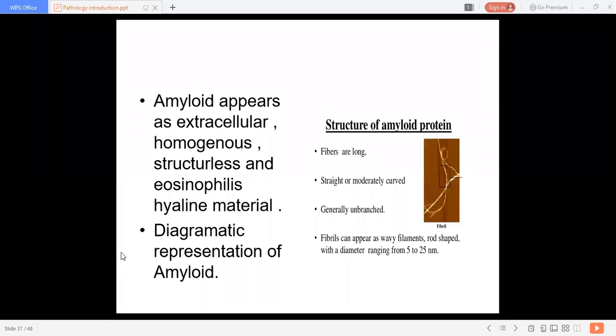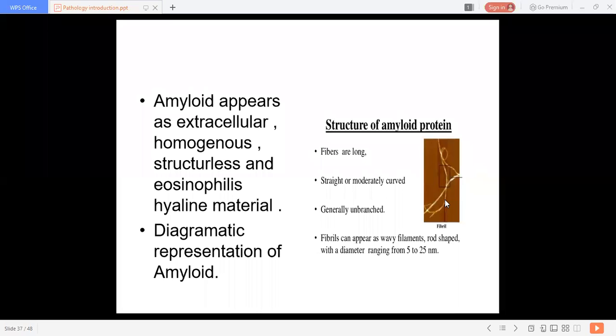Now this is the structure of amyloid. It is always presented in cross beta-pleated form. Always these fibrils get crossed, and this fibril, this white thread you are looking at, contains protofibrils.